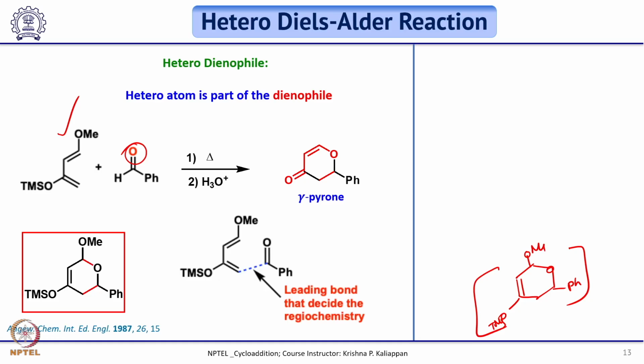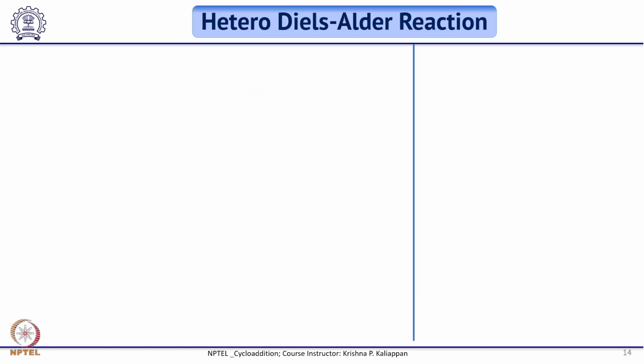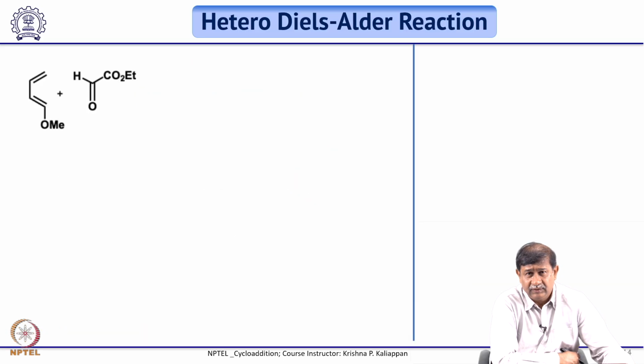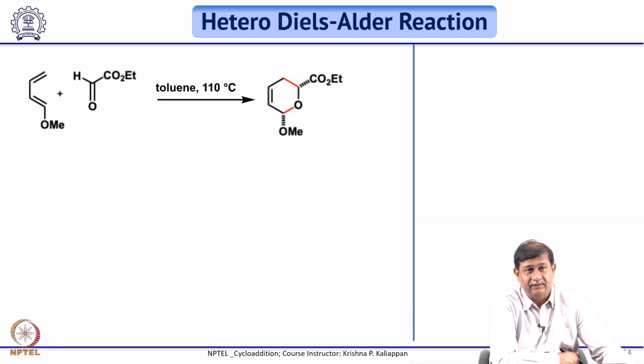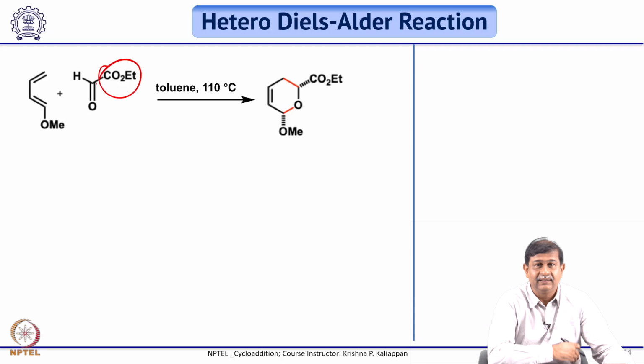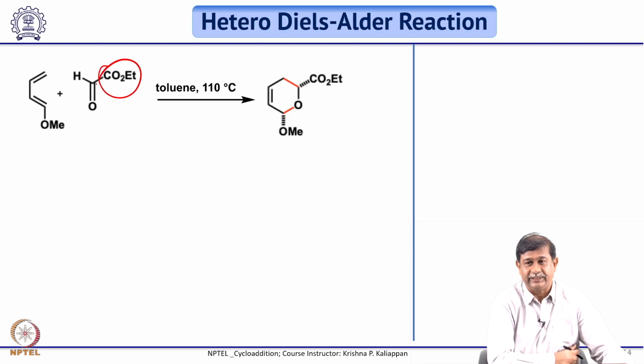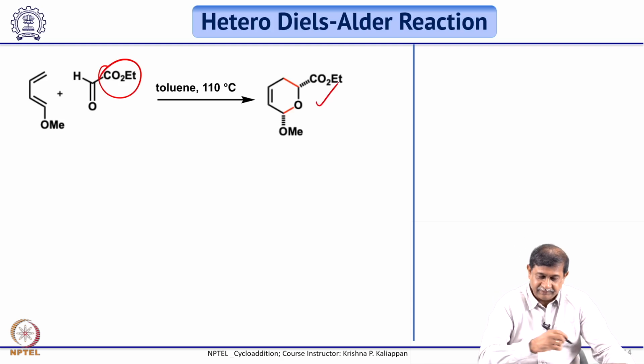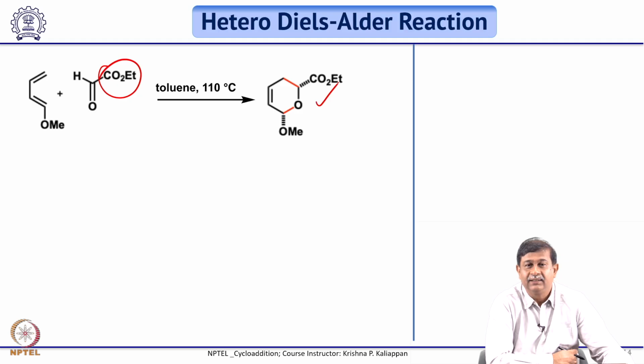Okay? And again, this is the formation of this bond which actually decides the regiochemical outcome of this product. Then you can have electron withdrawing group, that is any diene with electron withdrawing group attached to aldehyde can undergo 4+2 cycloaddition reaction to give again this tetrahydropyran ring.